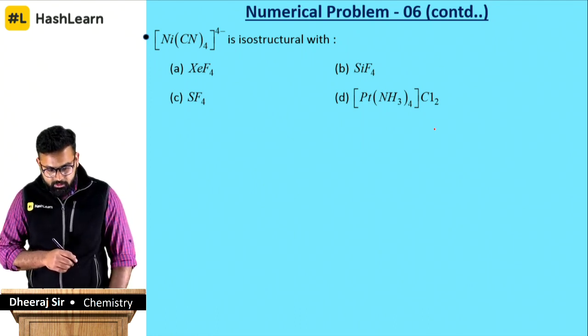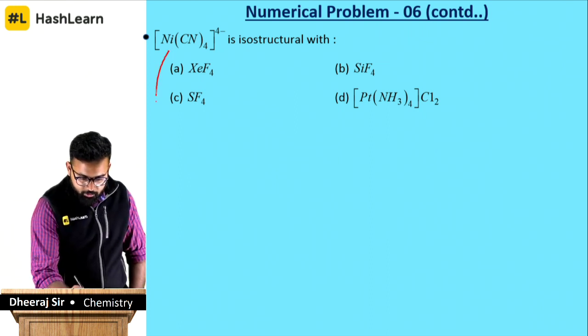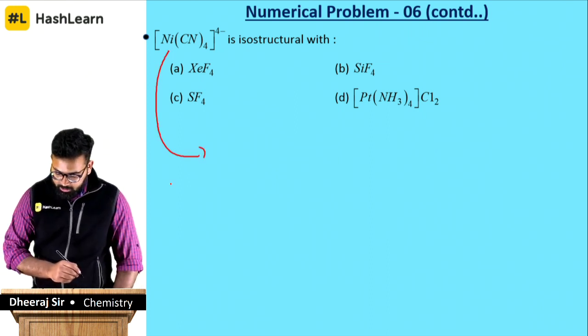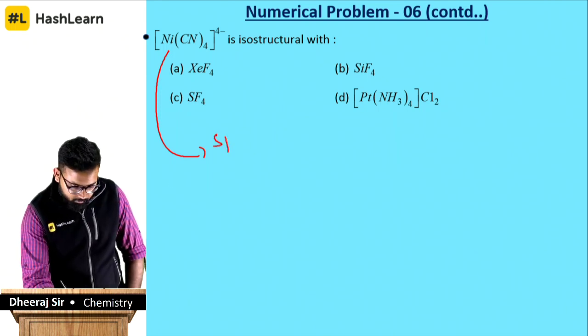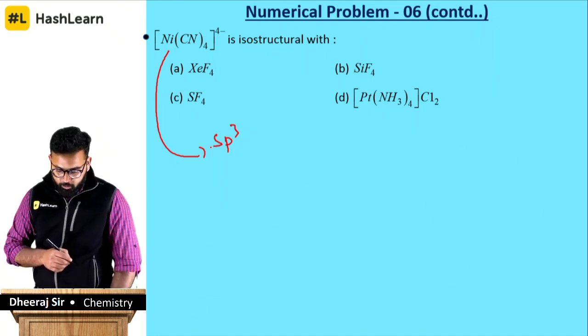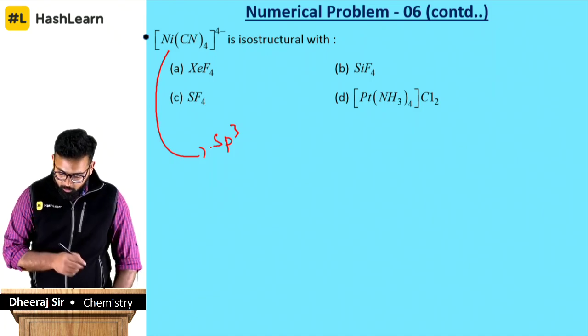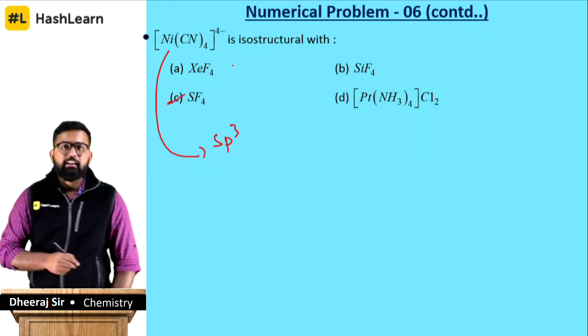[Ni(CN)4]4- is isostructural with, if you have a look at it, the hybridization of [Ni(CN)4]4- is sp3. Therefore, you'll have to look at the molecule which will show sp3 hybridization. That is SF4.